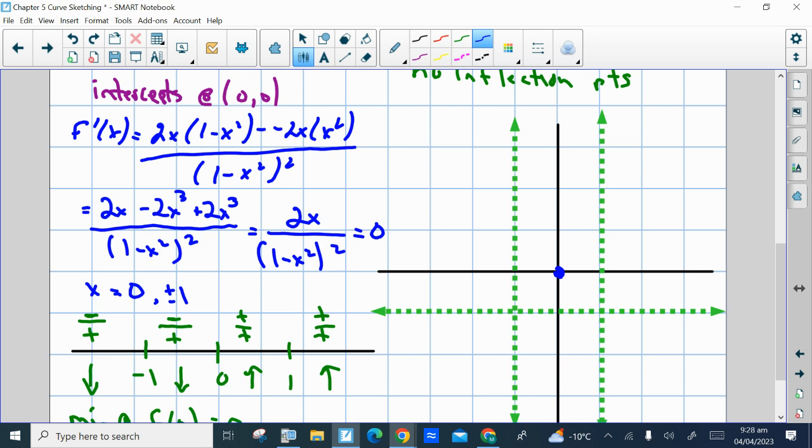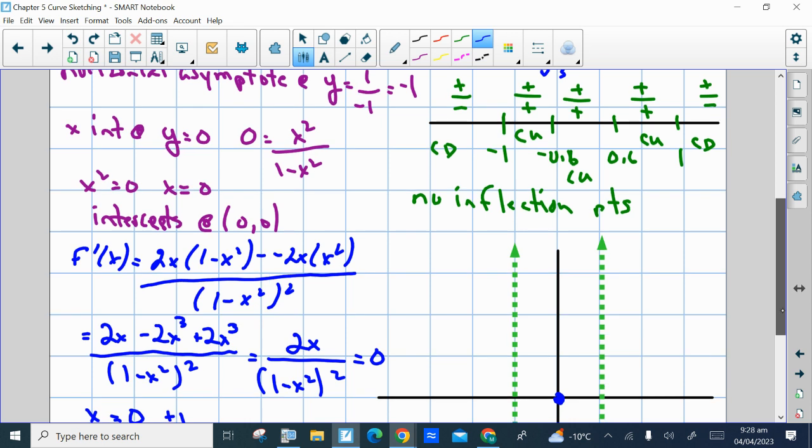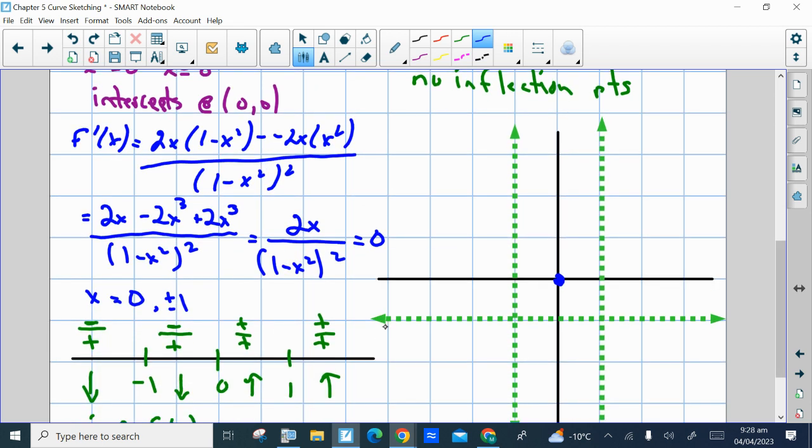Again, we have only one minimum point, that's at 0, 0. We don't have any maximums. We know the graph is concave down in that first interval. So it will look something like this.